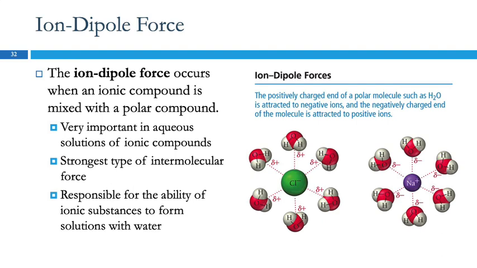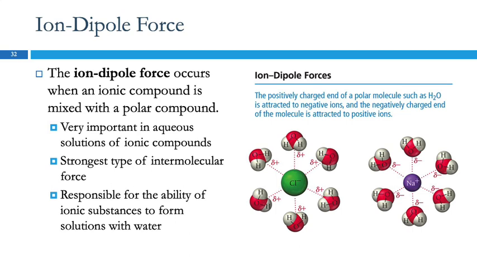And this attraction is stronger even than hydrogen bonding because here, this is an actual ion with a full -1 charge. And even though water engages in hydrogen bonding and this is a fairly high positive partial charge, it's nowhere close to +1. And so that hydrogen bonding is weaker than this force of attraction.